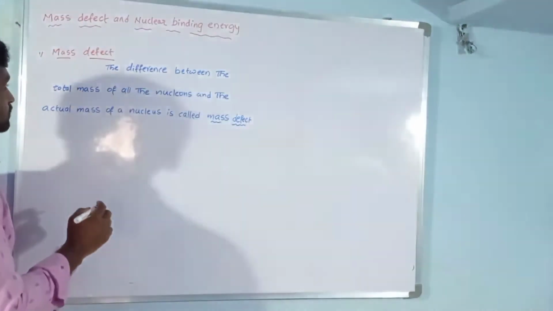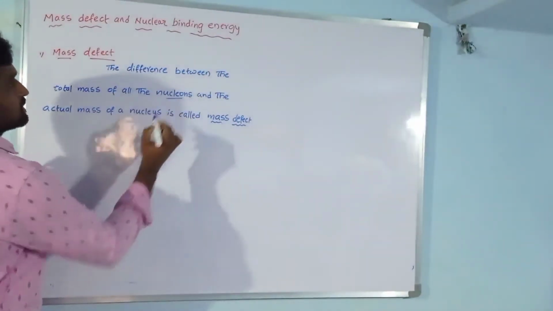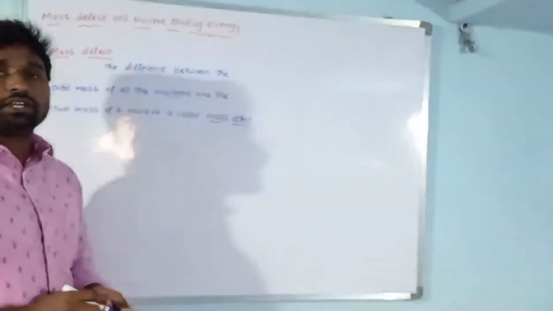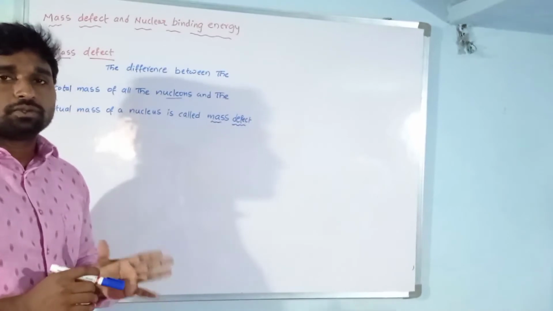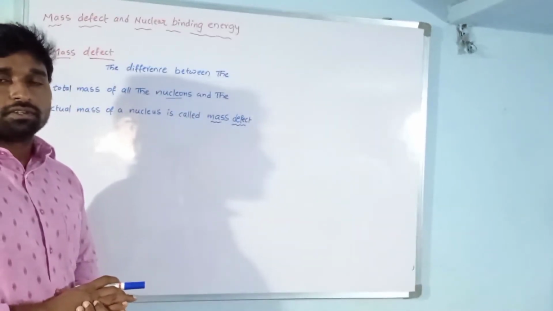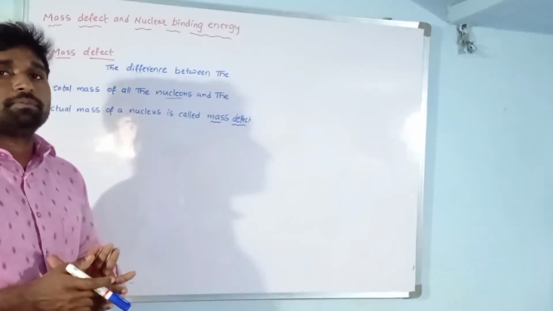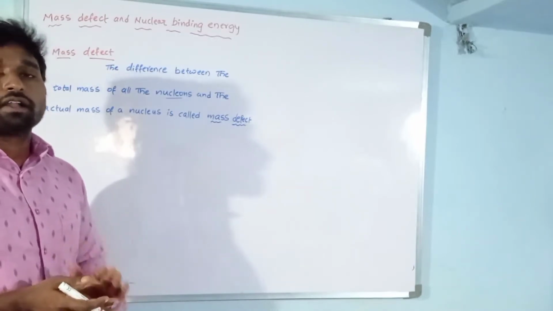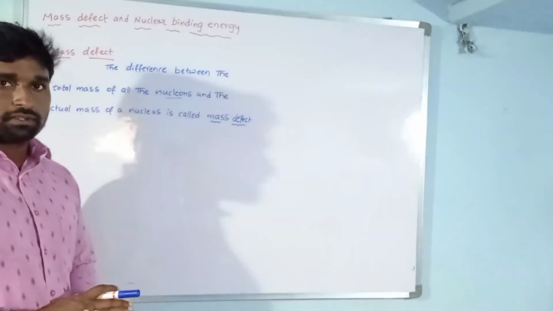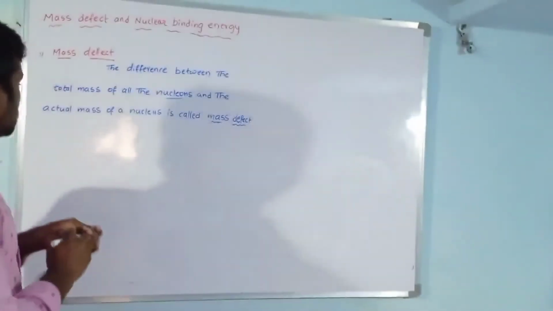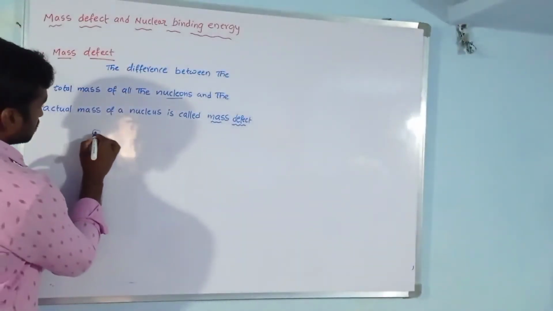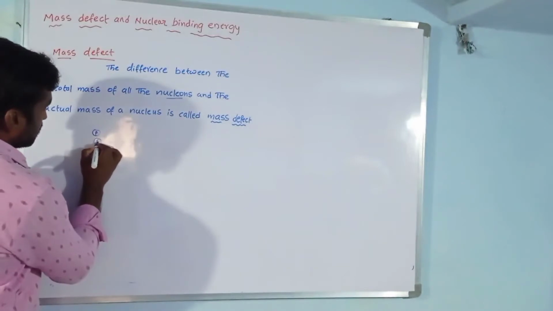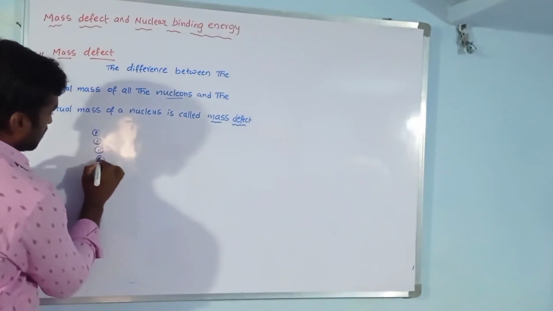Nucleons means the protons and neutrons, so those are called nucleons. The nucleus is made up of nucleons. Suppose this is a proton, this is a neutron.